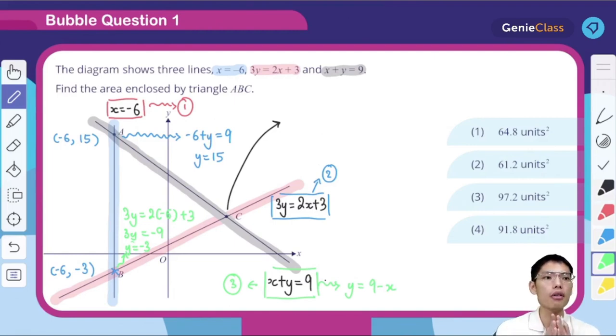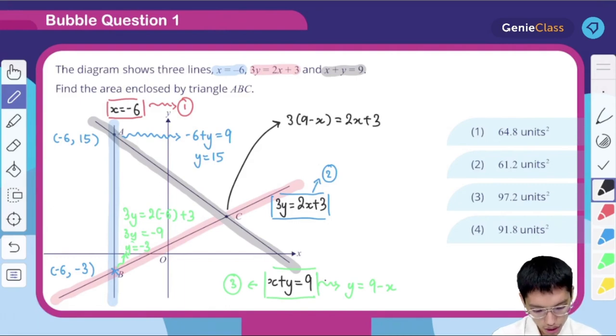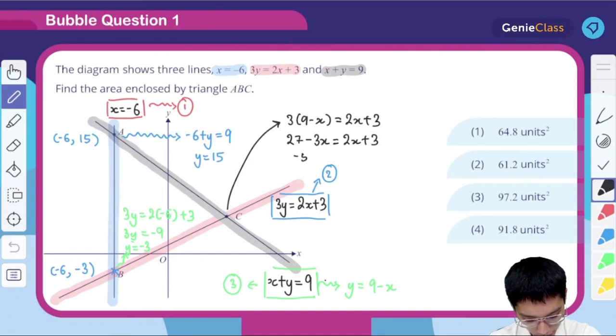So if I solve for the third one, I'm going to have 3 times (9 minus x) equals to 2x plus 3. Again, it's just going to be solving. So I have 27 minus 3x is equals to 2x plus 3. Solving it further, I have minus 5x is equals to minus 24. Following up, x is 4.8.